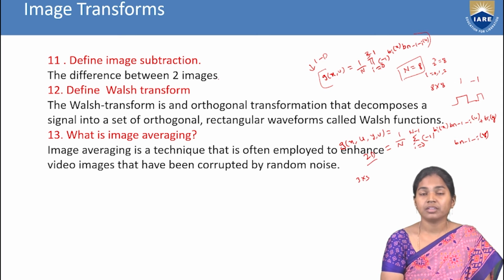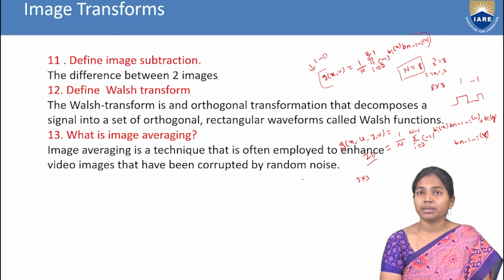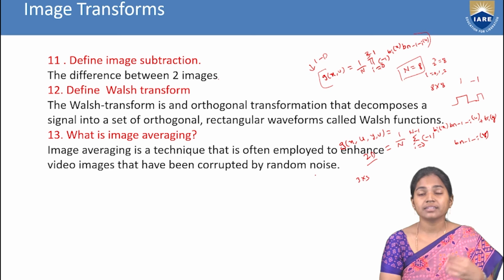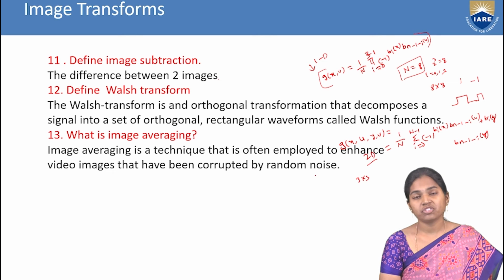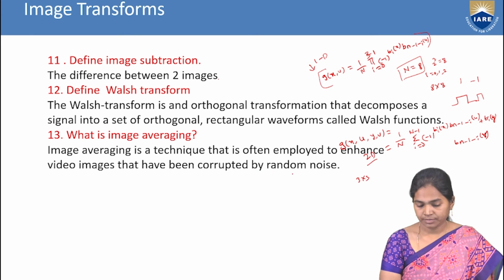With this, the image gets blurred. As the mask size increases, image clarity decreases. Image averaging is basically used in image enhancement for images that have been corrupted by random noise.